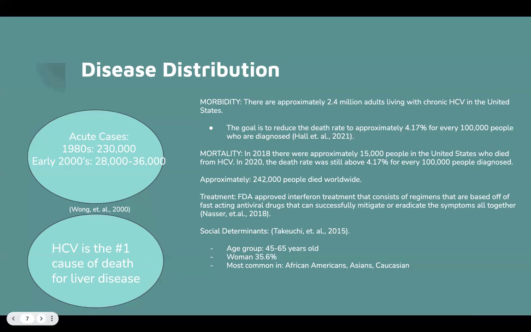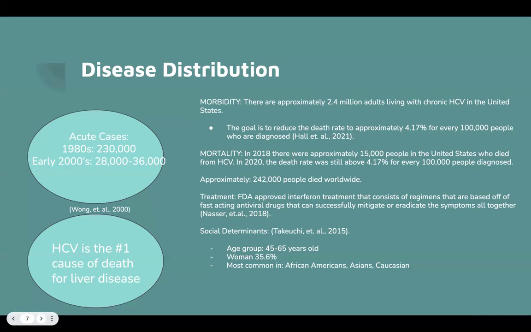And then social determinants. The most common age group overall across America is people between the ages of 45 and 65. That is partially because people develop symptoms later than when they were first exposed to it, but also because that's a common age for people to start noticing the effects of damage to the liver.